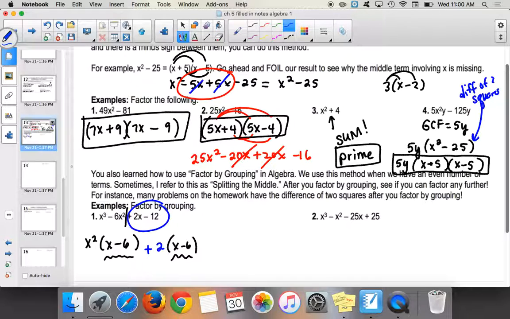All right, so here's the weird part. Now this whole thing has a GCF. It has something in common that we can pull to the front. I've underlined them with my little squiggly lines. Do you see that they both have this common factor of x minus 6? Right? So x minus 6 is now a GCF.